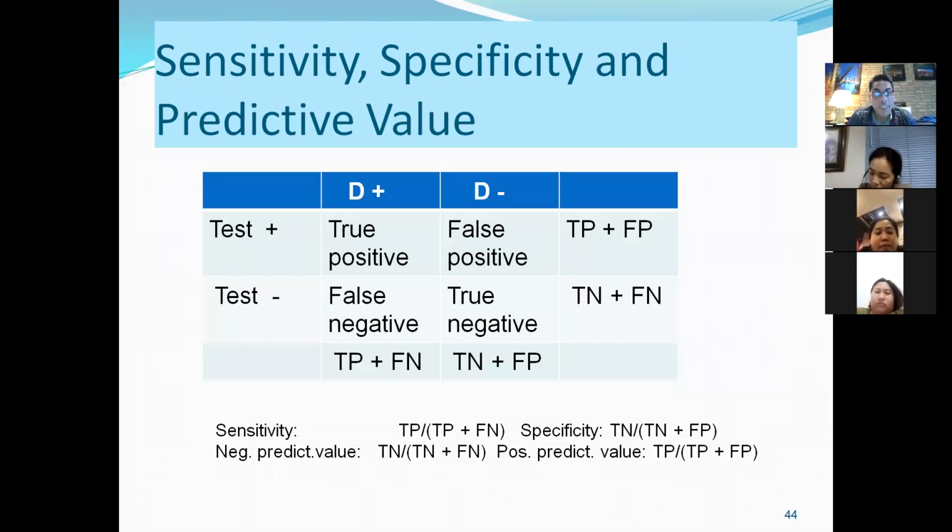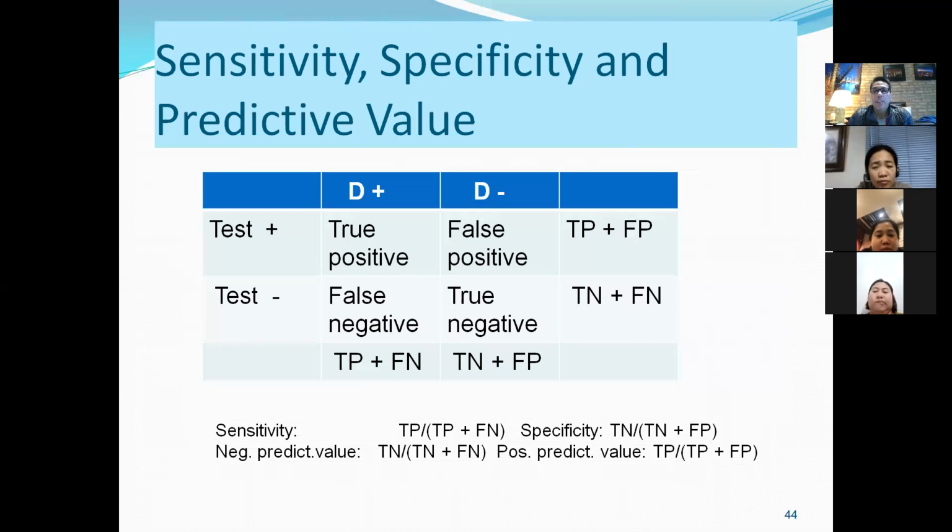For the ones who tested negative and are false negative, we call them also the D plus. And then under those who test negative but had true negative, we call them the D negative.